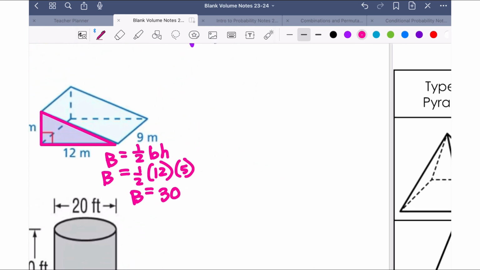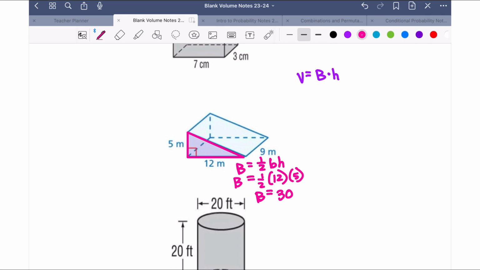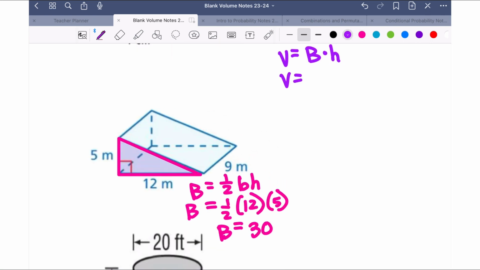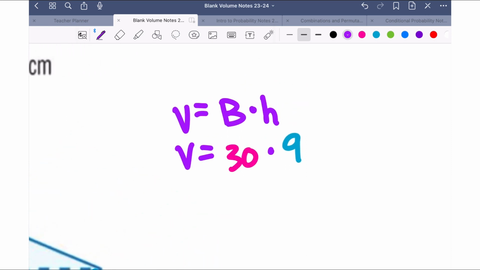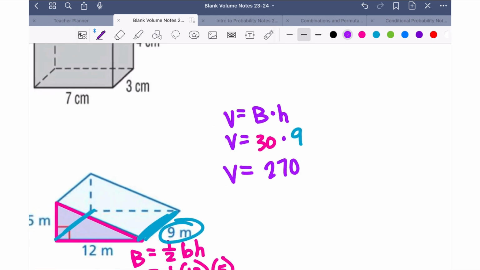Area of the base. Okay. Now let's plug it into the formula up here. So it's 30. And then what's the height of the prism? How tall is the prism? 9. So 30 times 9. That's going to be 270 meters cubed. There we go.